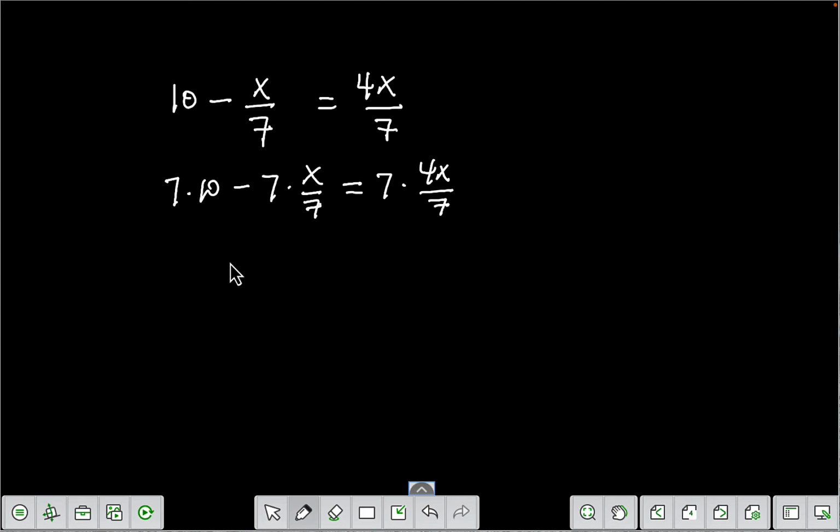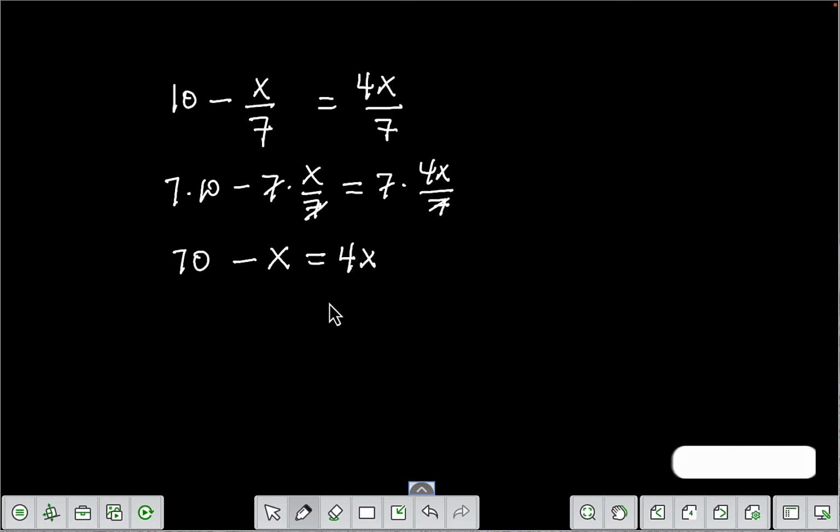Right, so this is what we have. What we can do is simplify. So 7 times 10 will give you 70, and then 7 cancels 7, so you're going to have minus x, and that is equal to 7 cancels 7, and that will give you 4x.